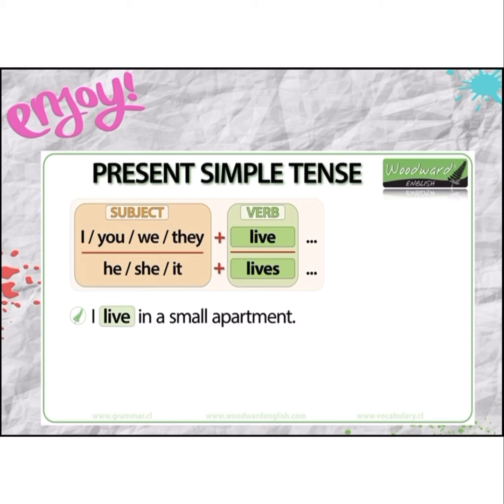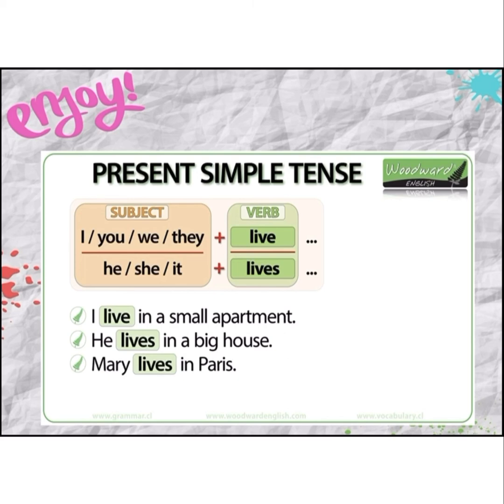I live in a small apartment. He lives in a big house. Lives with an S at the end because he lives. Now look at this sentence. Mary lives in Paris. Why do we use lives? Because Mary is she. She lives in Paris. One more example. We live in New Zealand.